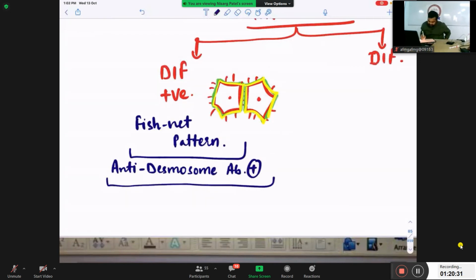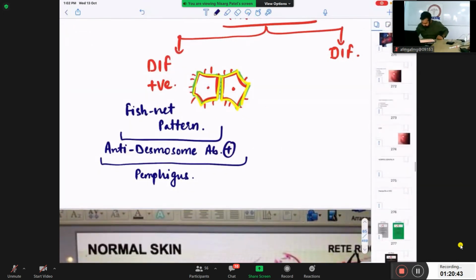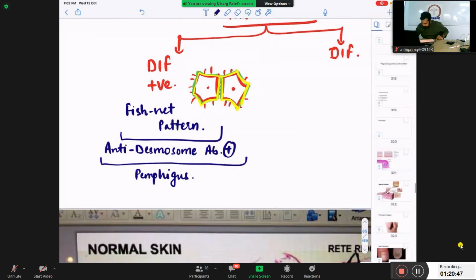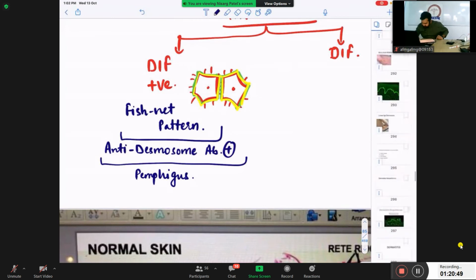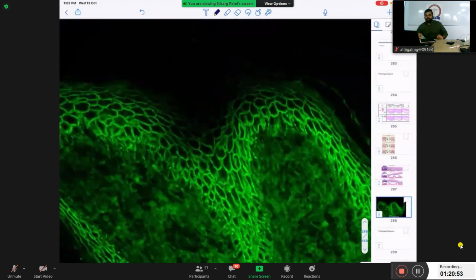So in this case, I will get to know that this patient is having a pemphigus disease. So see, this is the fishnet pattern. This image-based question has been asked.